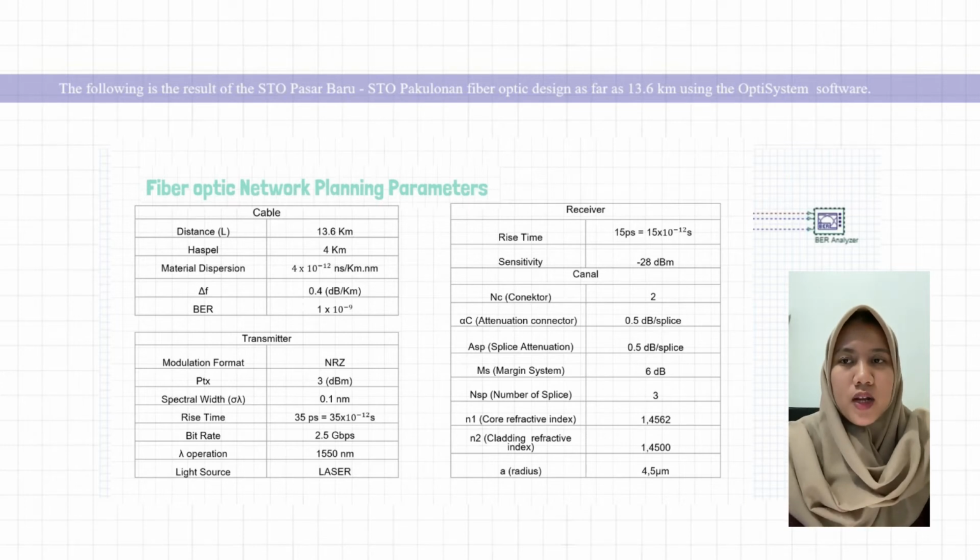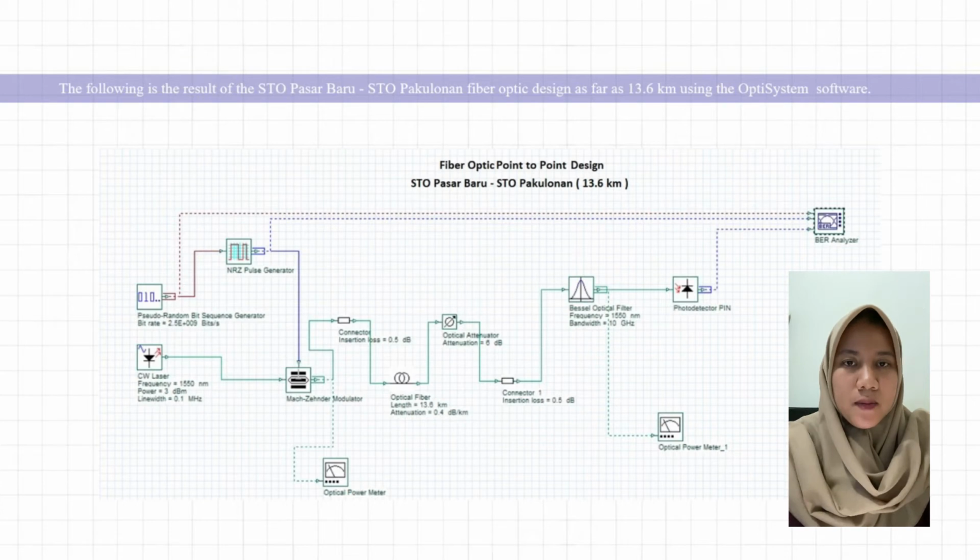We input the numbers based on the fiber optic network planning parameters, and because our distance is 13.6 km, the photodetector uses PIN because it is more efficient for close communication and has good sensitivity for LED. After we assemble and run it, we can check the BER analyzer.